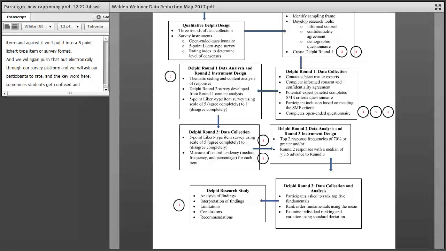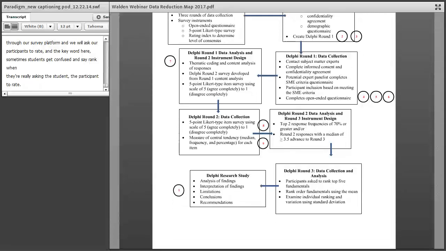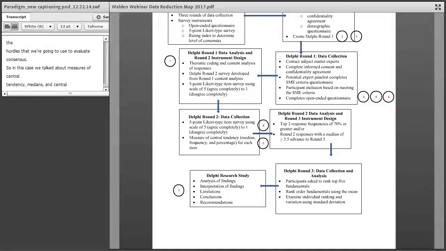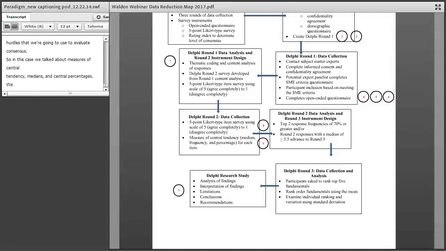So we're going to ask our participants to rate their agreement with the different items. And we're going to again have the measures or the hurdles that we're going to use to evaluate consensus. So in this case, we talked about measures of central tendency, medians, and frequency percentages. We analyze the responses for the frequencies or for the median scores.